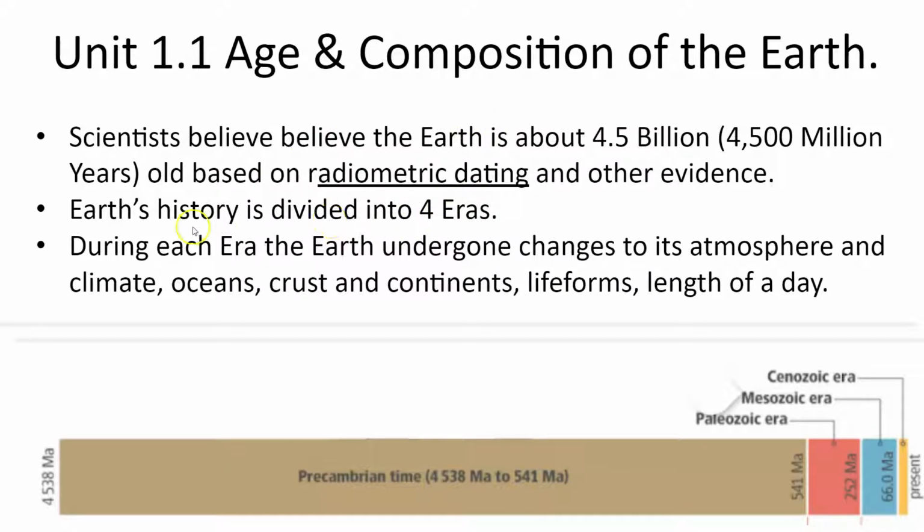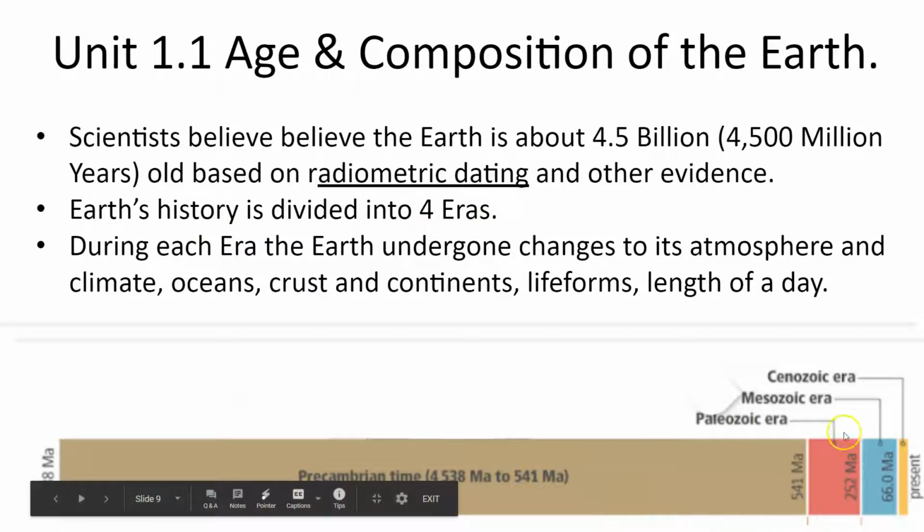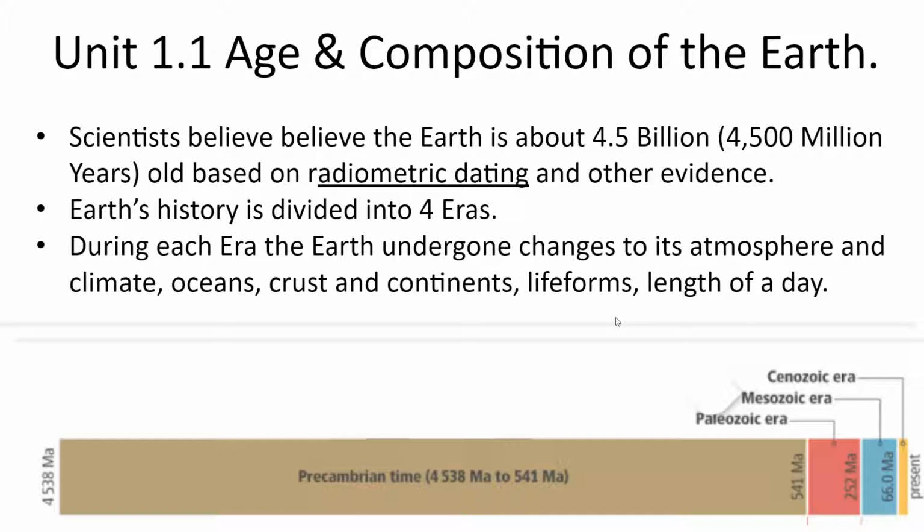Now, the Earth's history is divided into 4 eras. So each of these rectangles represent an era. We have first Precambrian, Paleozoic, Mesozoic, and Cenozoic. Now, during each era, the Earth underwent some sort of change, whether it was to the atmosphere, climate, oceans, crusts and continents, life forms, and length of day.